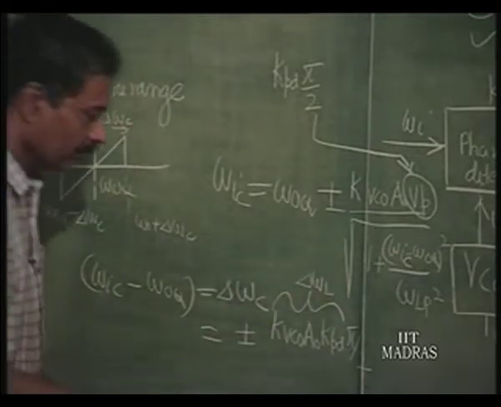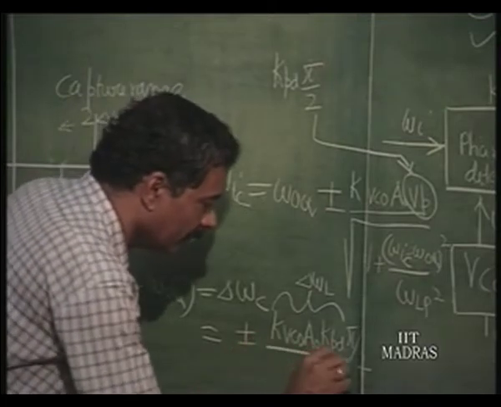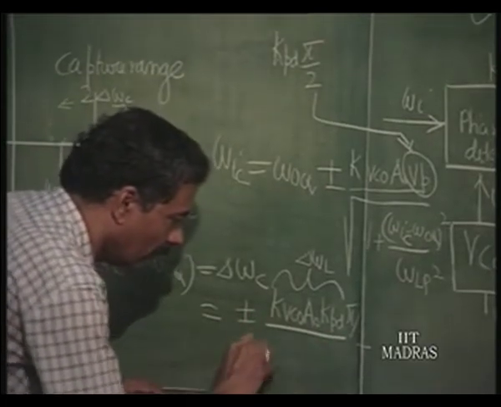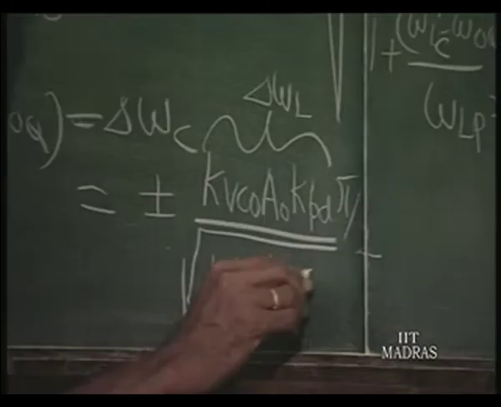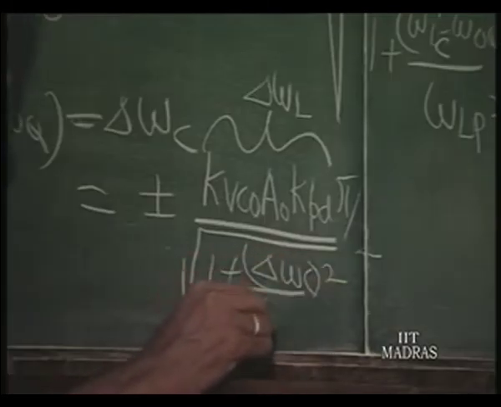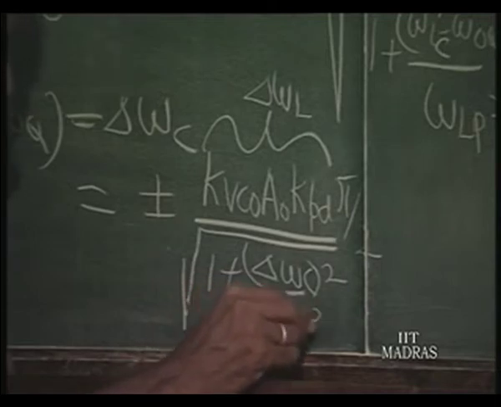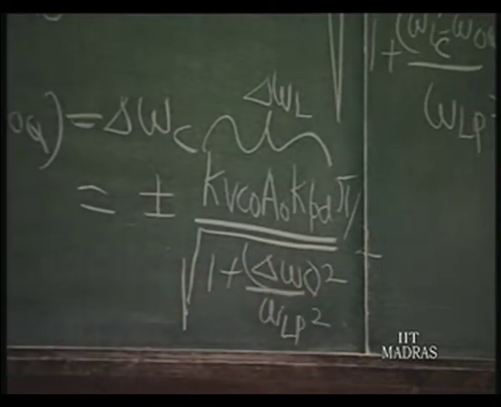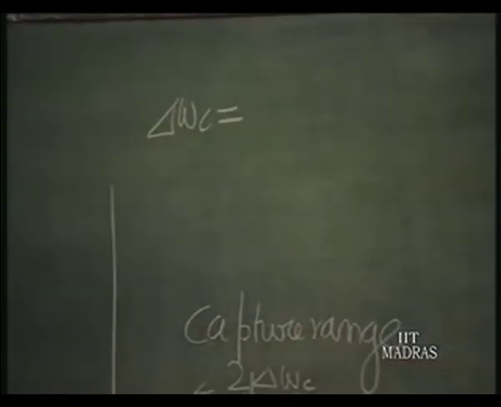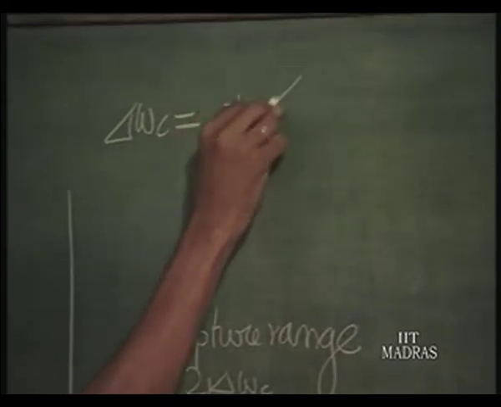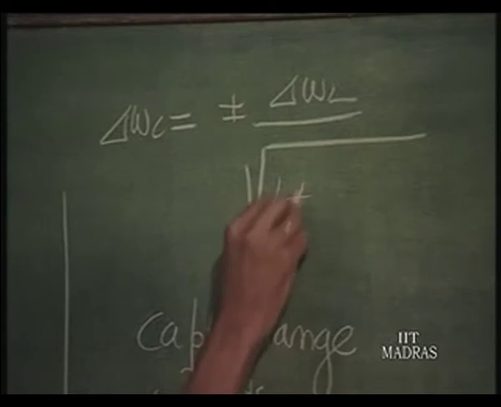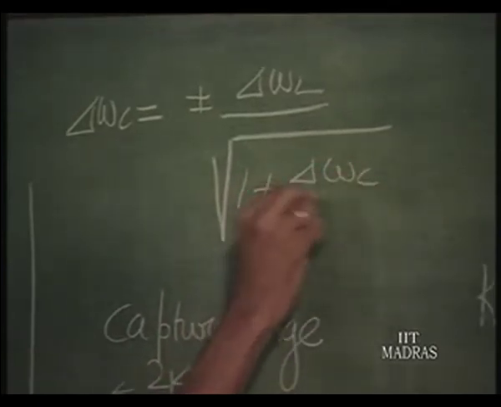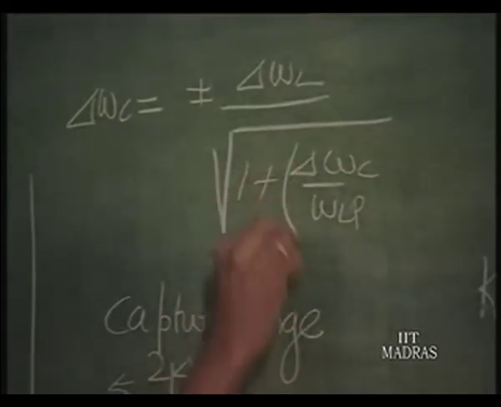Okay. So, that divided by root of 1 plus delta omega c whole squared by omega Lp squared, or we will rewrite this, delta omega c equals plus or minus delta omega L divided by root of 1 plus (delta omega c by omega Lp) whole square.